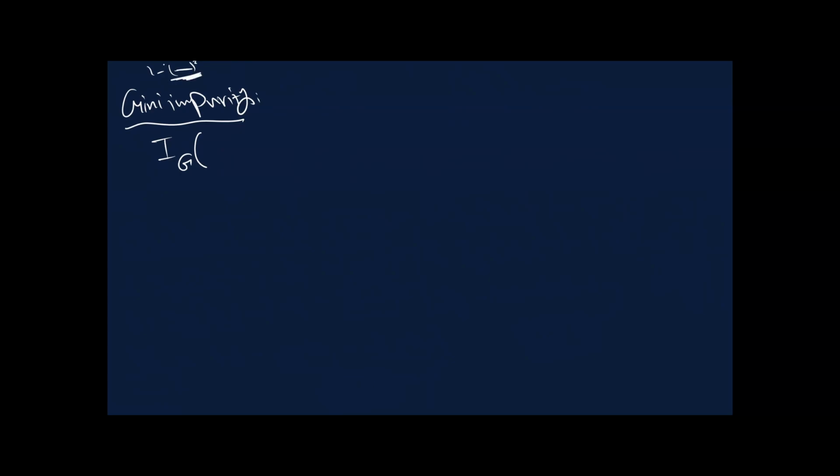So there is a summation over classes. Good. So here let's look at the impurity for the parent, and let's consider condition A. So it will be 1 minus the probability squared of the first one plus the probability squared of the second one.